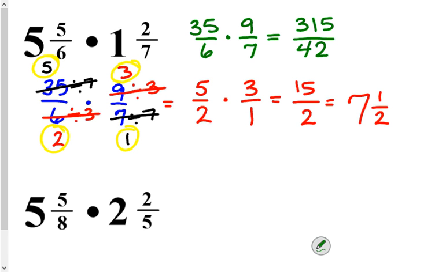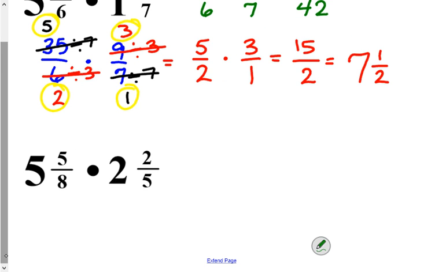Now, if I were to want to then go ahead and simplify that, I totally could do that. But notice it's going to be a lot harder to simplify than 15 halves. So that's the advantage of cross simplifying, is because you don't get those bigger numbers like the 315 and the 42. So if you're able to cross simplify, it's certainly to your advantage.